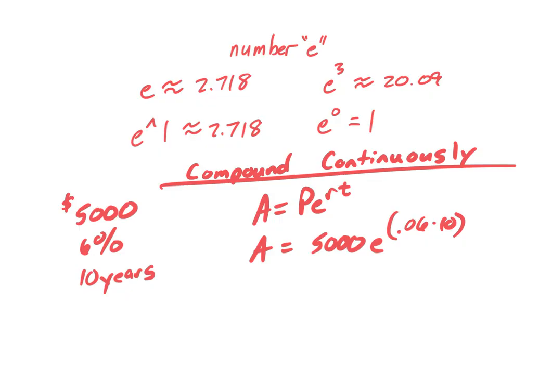And I would say make sure that you put the 0.06 times 10 in parentheses. What are you guys getting?